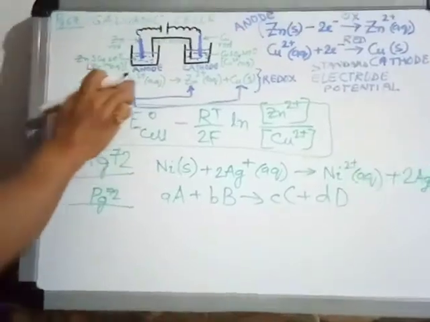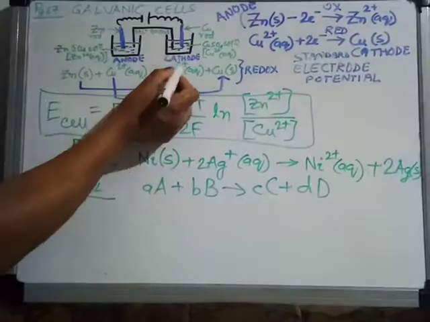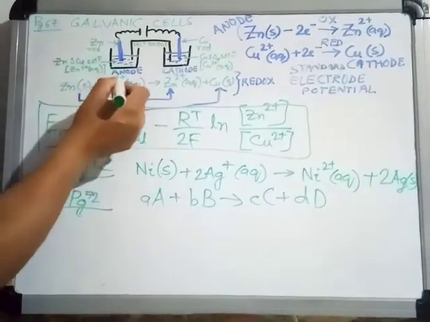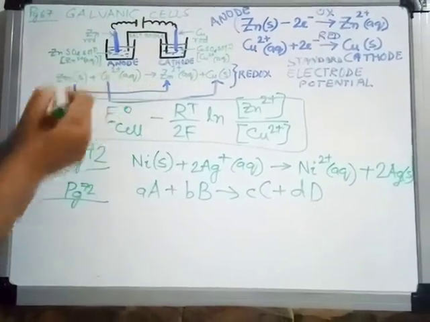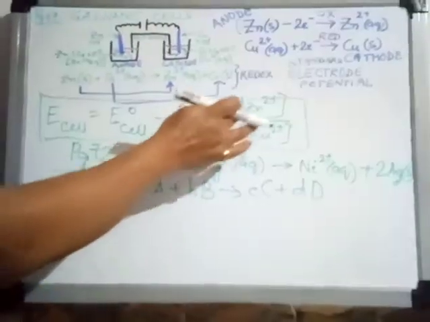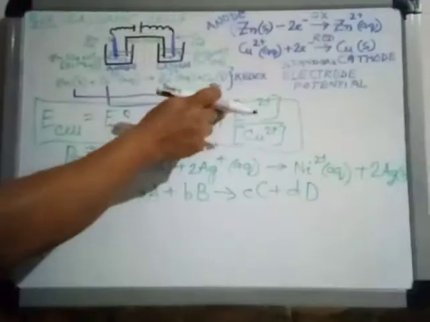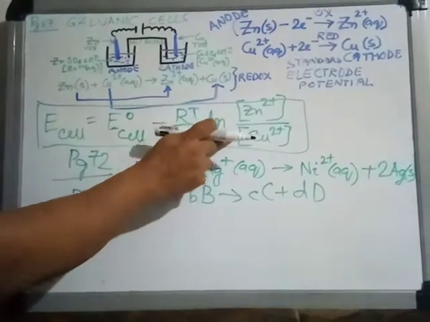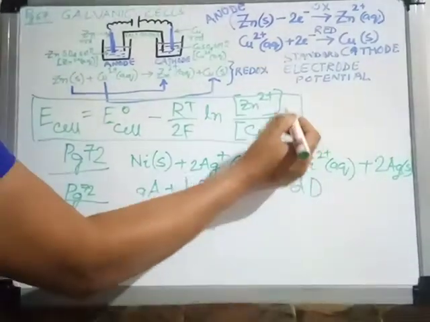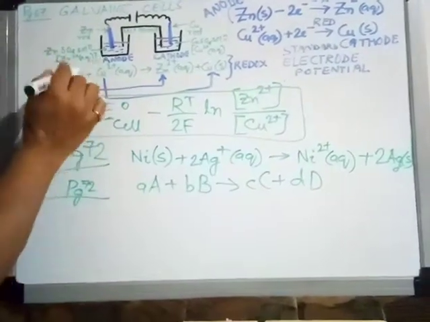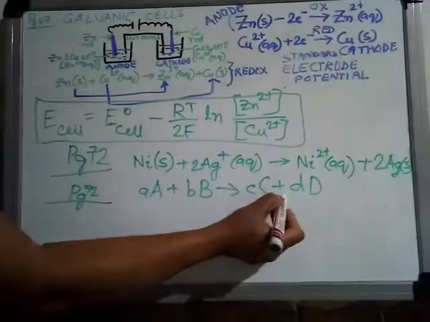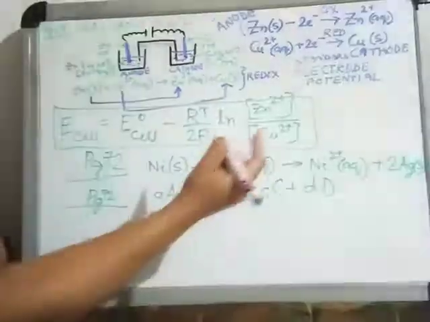Now if you see this equation, Zn2+ is your product, and what is below? Cu2+, this is your reactant. So always inside the ln you will have the concentration term of the products divided by the concentration term of the reactants, and here also to the power 1. Why? Because the coefficients are 1. So if you have coefficients like this, then you will raise it to those powers.